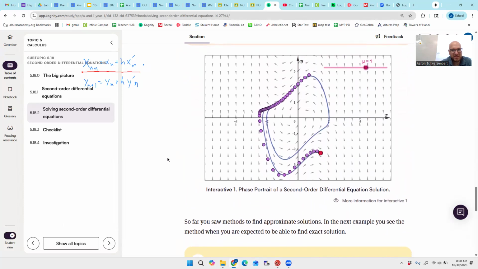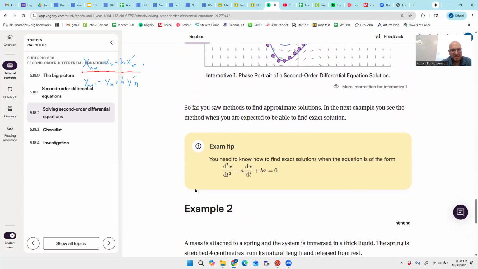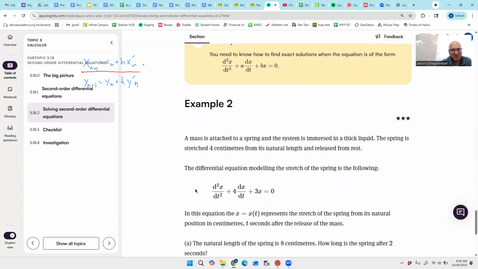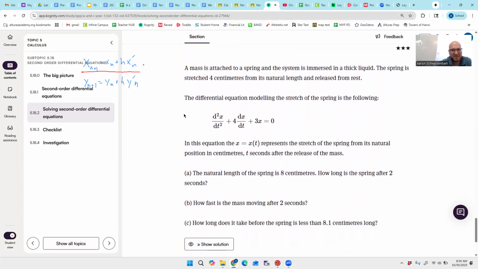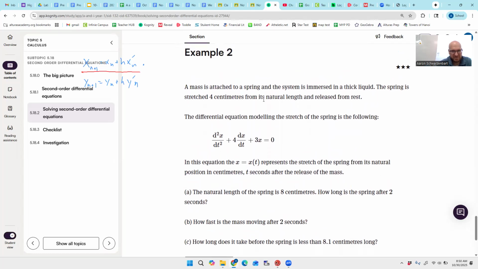So here's a funky phase portrait. Here we've got a mass spring system that is immersed in a thick liquid, stretched 4 centimeters from its natural length and released from rest. So we stretch the spring.